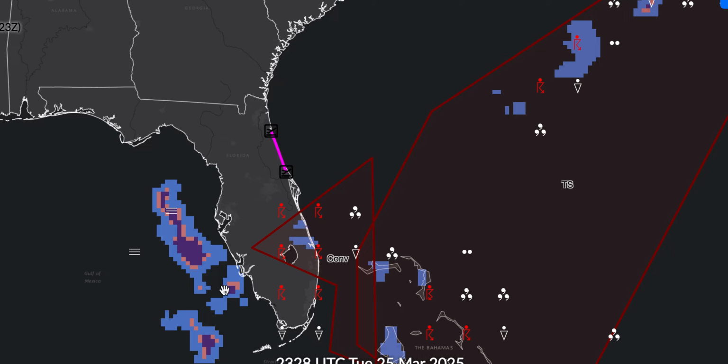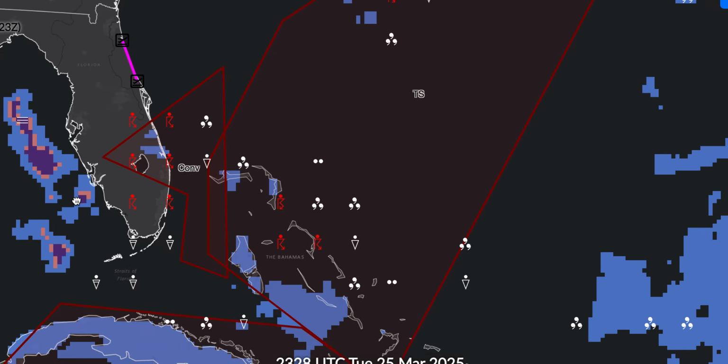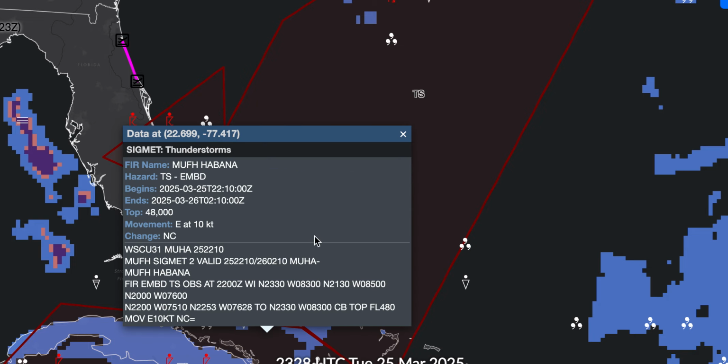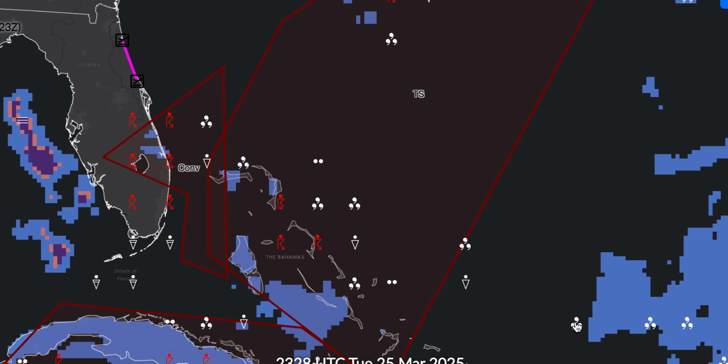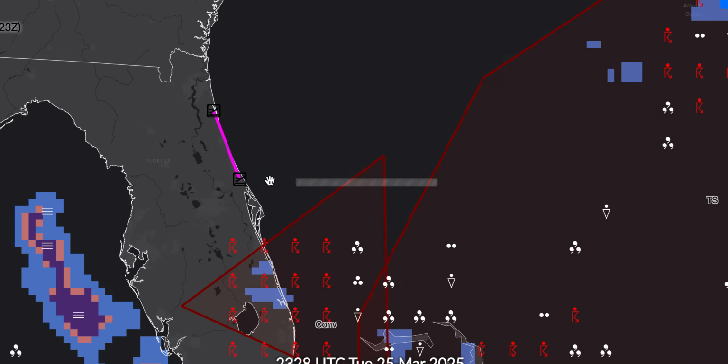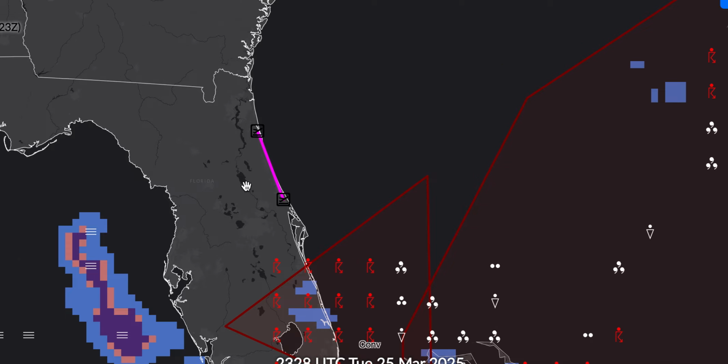We've got some storms down over here. Light rain. And over the ocean is pretty sketchy over that way, but within the area of our flight plan, I would rule that it looks pretty good in relation to storms.